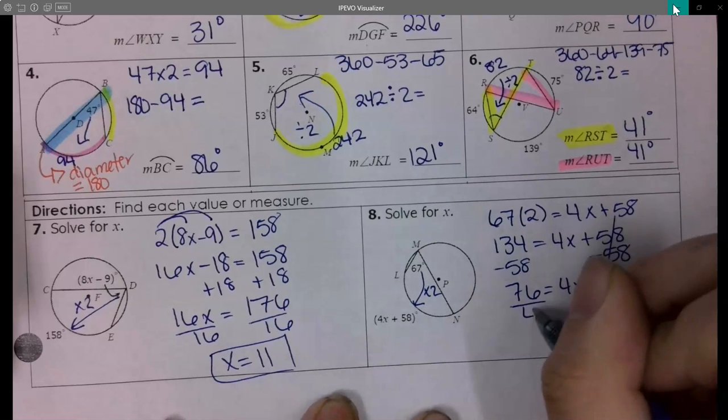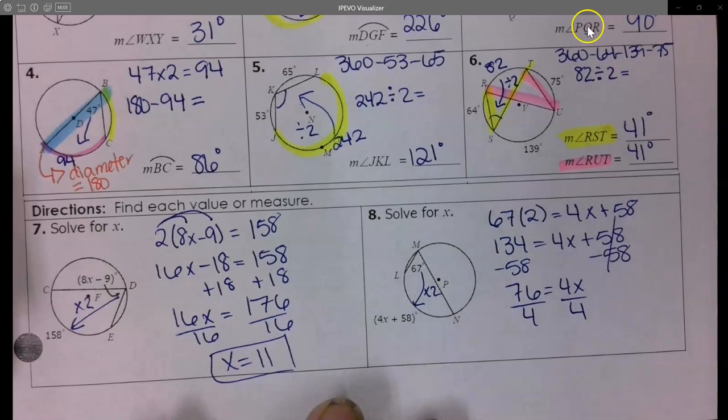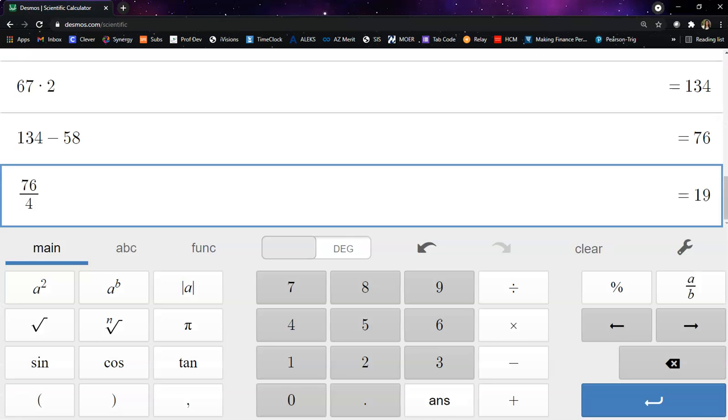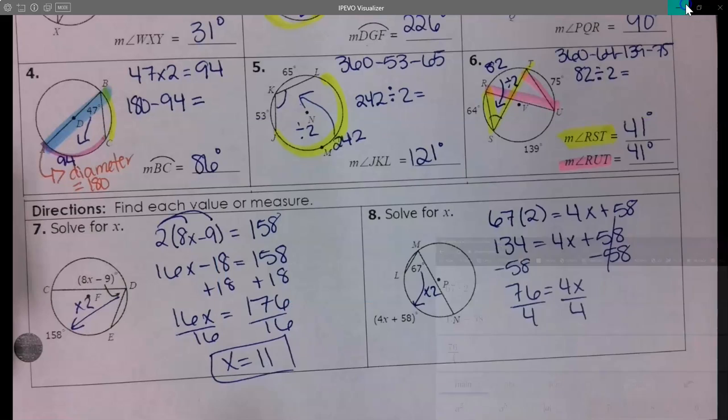Then I want to go ahead and divide by 4 on both sides, which gets me x equals 19.